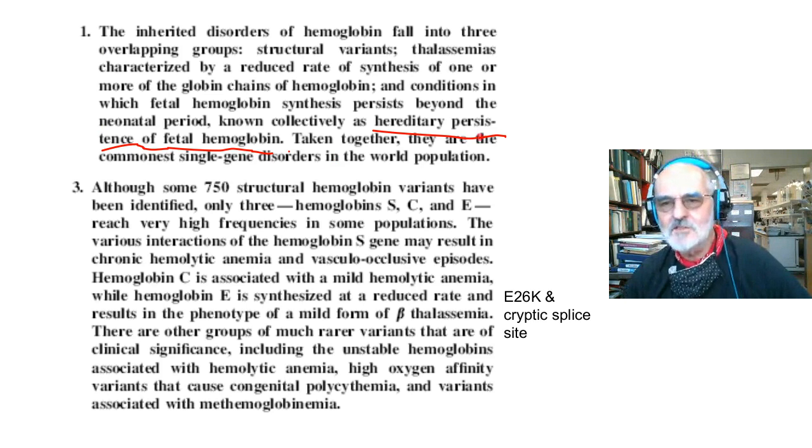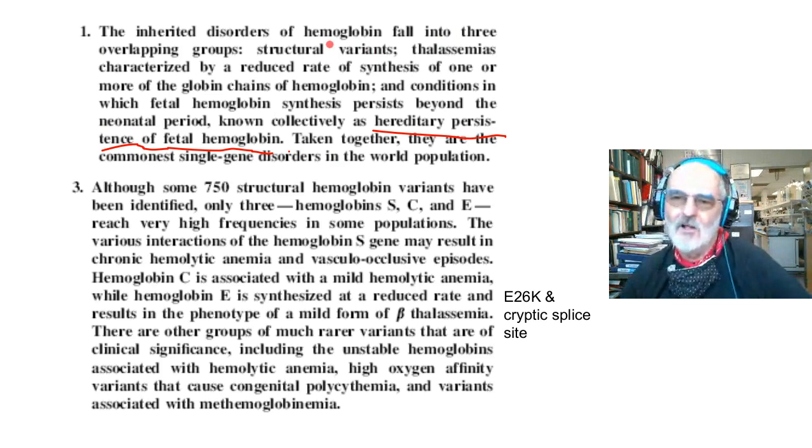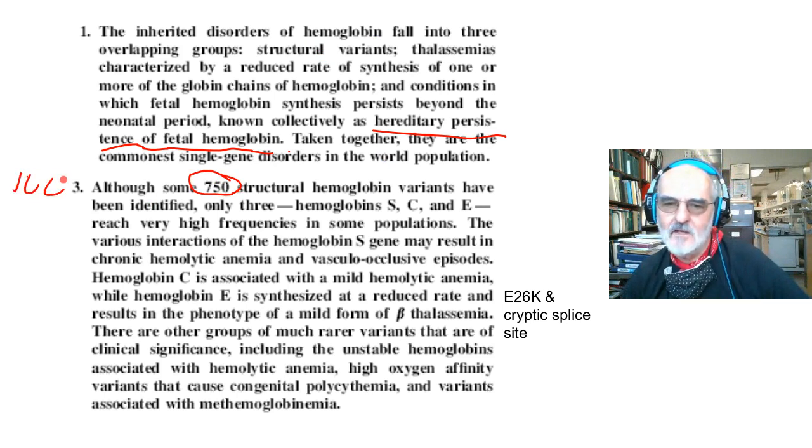This summary says that this is a fairly common mutation in the world, and so they rank it along with the point mutations for sickle cell or hemoglobin C and the thalassemias. Okay, and then they go on to say that there are 750 structural hemoglobins. I think this number correctly now is closer to 1,000. And there it is.